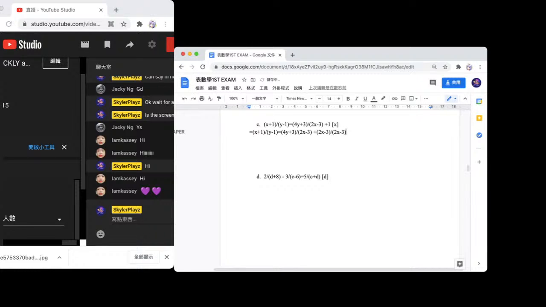If that's okay, we need to calculate this fraction. So we can find that 2x plus 4y, 2x minus 3 here. Is that okay? And then we can multiply them together.